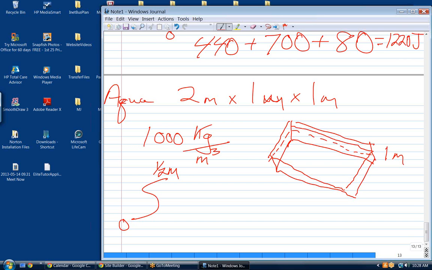The initial slab that I have to pump out is the top slab, which doesn't have to go far. And the very last slab of water will be at the 1/2 meter height. So I have to pump that slab 1/2 meter.